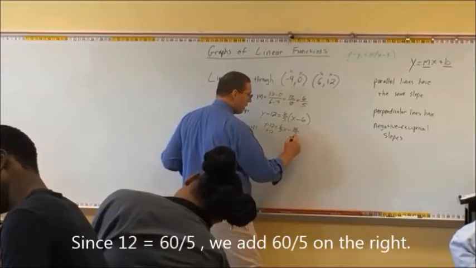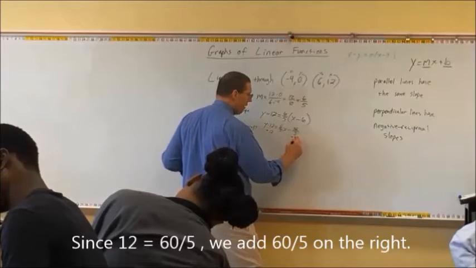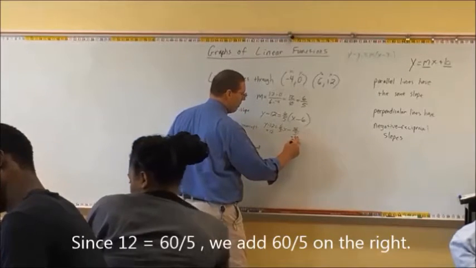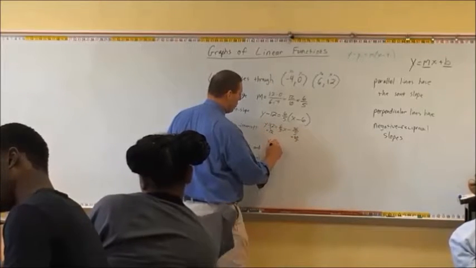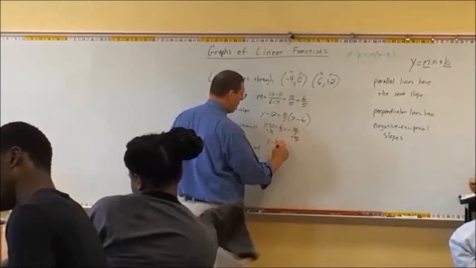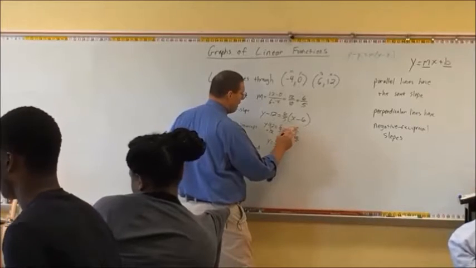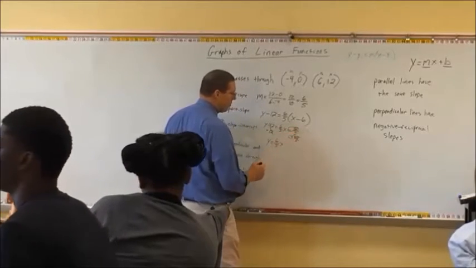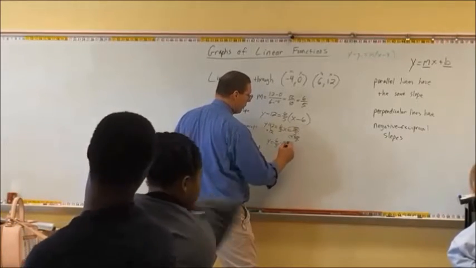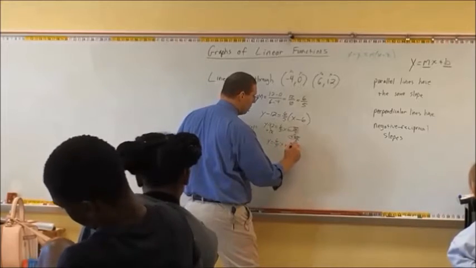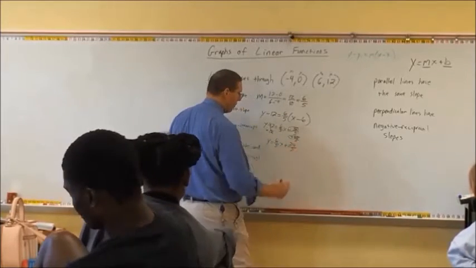So on this side, I'm actually going to add 60 over 5, because that's the same as 12. And that's going to cancel, and then I'm going to have y equals 6 over 5x, and then I got negative 36 and positive 60, which should be 24, thank you, plus 24 over 5.